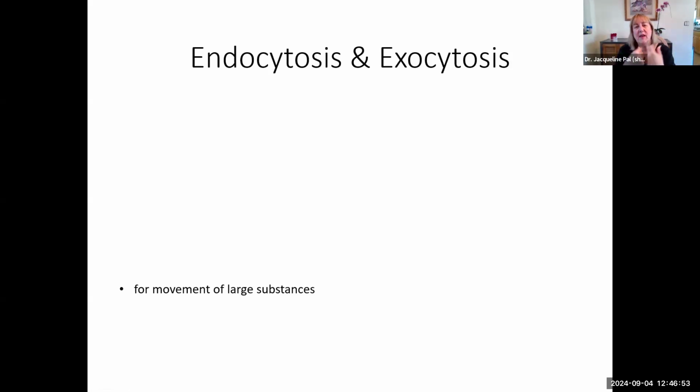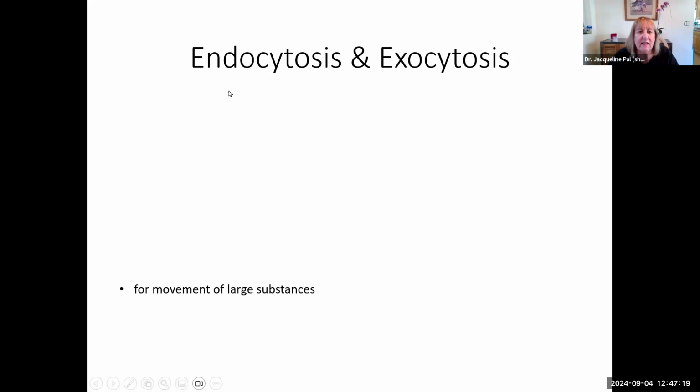So when it comes to stuff entering the cell, just think the cell is going to be eating and drinking, just like humans. We've got two different words, right? Eating and drinking. So for the cell, we're going to have two different words, one for when the cell eats something solid, and one for when the cell drinks something liquid.